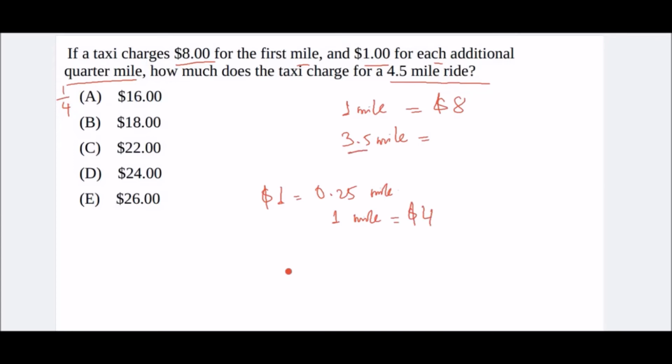So for 3.5 miles, that becomes 3.5 into 4, and that will be $14. So total charge will be 14 plus 8, and that becomes $22. So our answer choice is option C.